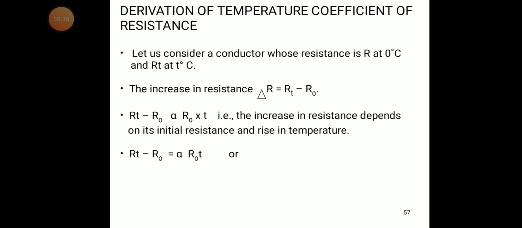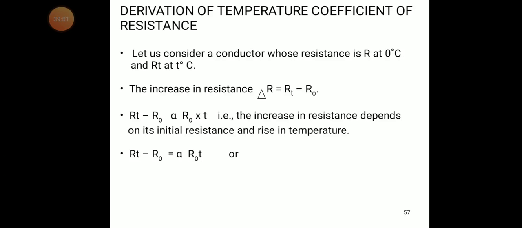For that, we try to derive the temperature coefficient of resistance. One formula. This formula indicates the change in the temperature and change in the resistance of a particular resistor value. Let us consider a conductor whose resistance is R0 at 0 degree centigrade and RT at T degree centigrade.